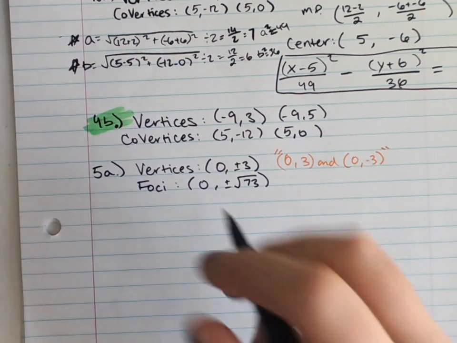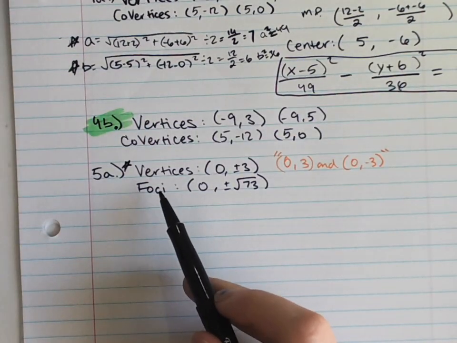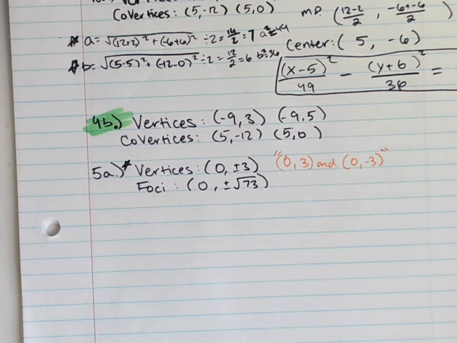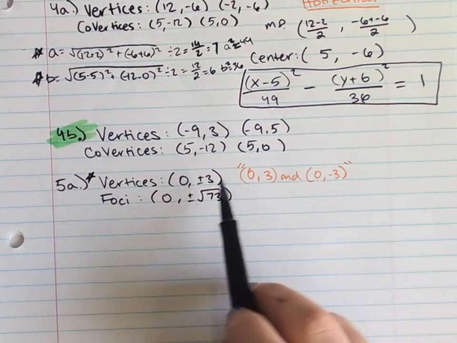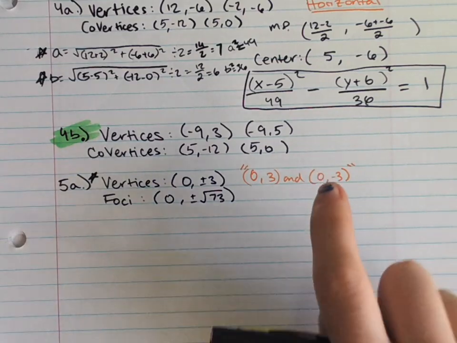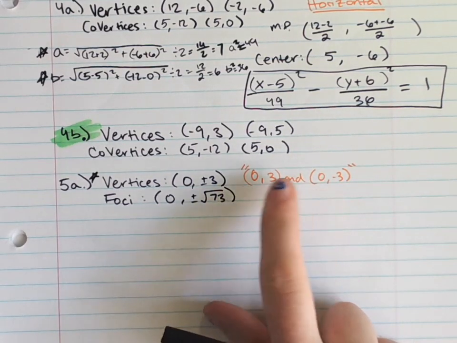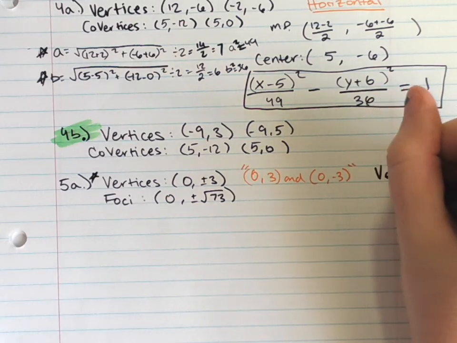In this specific problem, we can find a and c, but we can't find b. We'd have to use the c equation to do so, which we'll see in a moment. So if the vertices are 0, 3, and 0, -3, then the x value isn't changing, but the y value is. So that's going to be a vertical hyperbola.